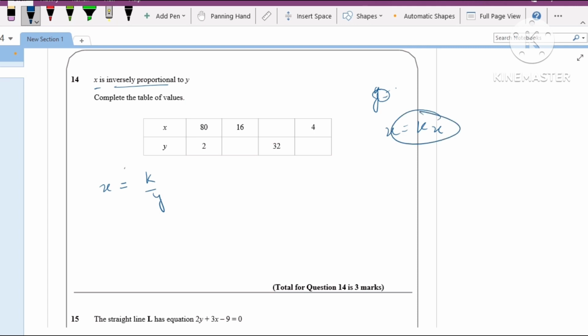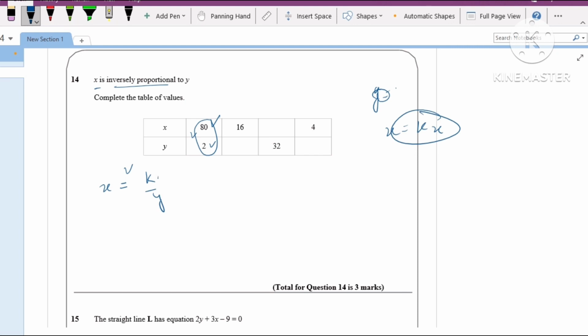Now in this question, he is saying that x is inversely proportional to y, so I am writing x is inversely proportional to y. Here we can see that this is a complete pair. Remember that in each question of this type you will be given a complete pair. This complete pair is given to find the value of k, the constant of proportionality, to have the equation.